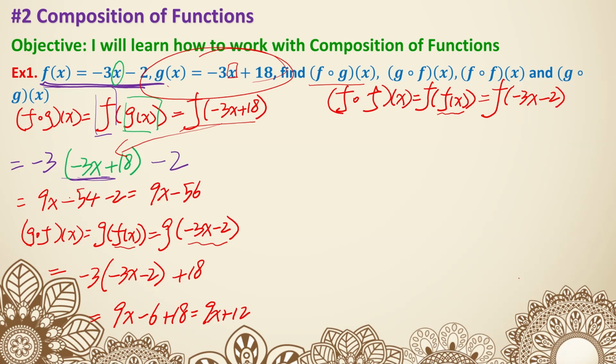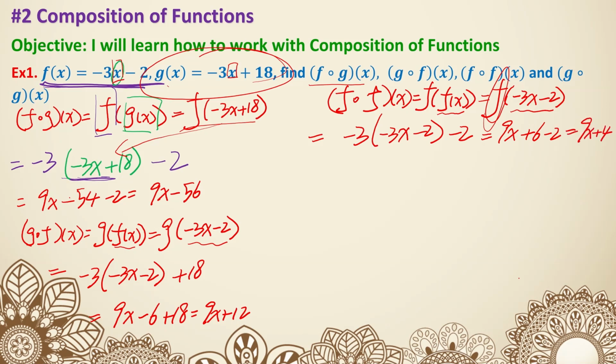Then I'm going to focus on -3x minus 2, and wherever I see x, since the main function is still f, I'm going to replace that x with -3x minus 2. So the -3 stays, the x is replaced with -3x minus 2, and then a minus 2 on the end. So we have 9x plus 6 minus 2, which is 9x plus 4.